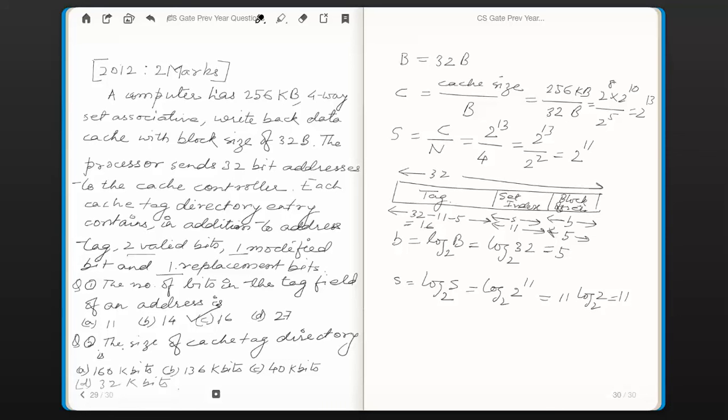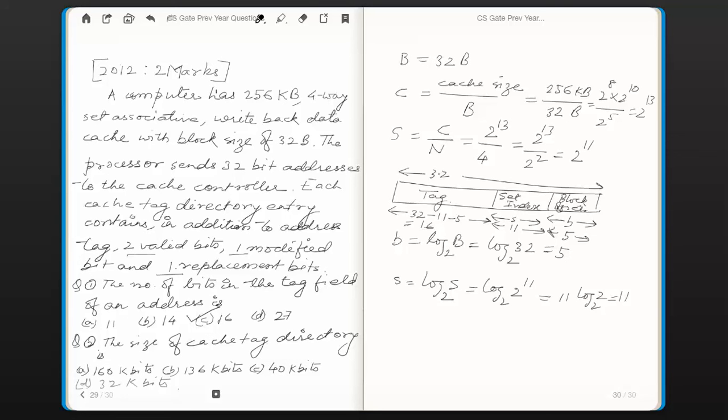Now the next task is to attempt this question and find out the size of the cache tag directory, or the size of the metadata. So here, each cache block would contain a tag field. Whatever type of cache we have chosen, here it is 4-way set associative, even in the case of direct mapped or fully associative cache, the tag field would always be associated with the cache block.